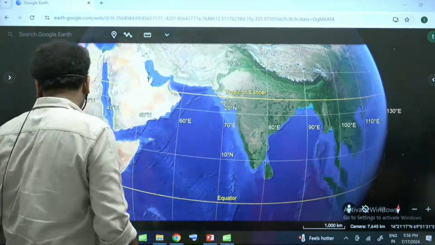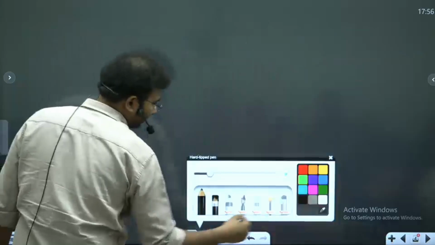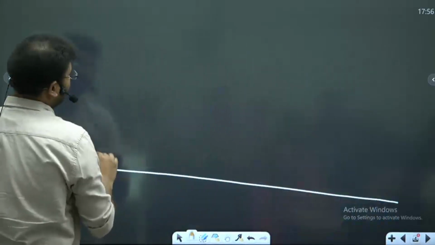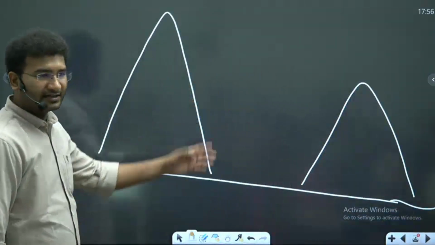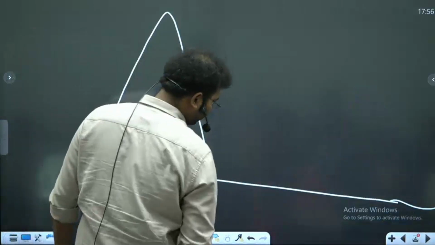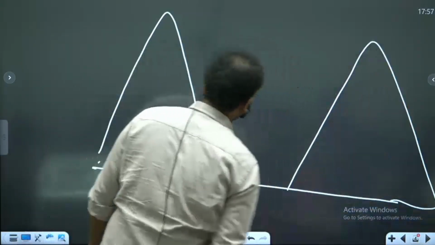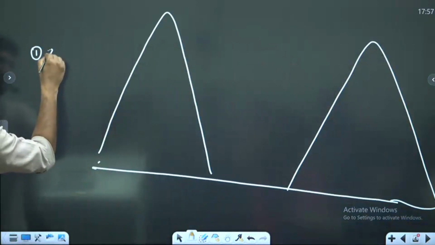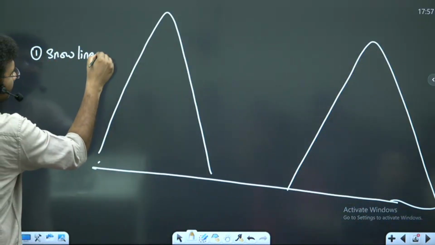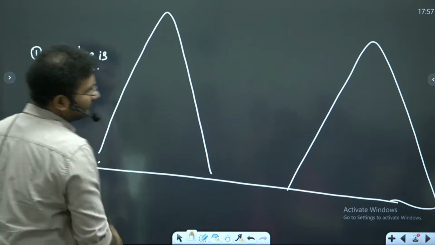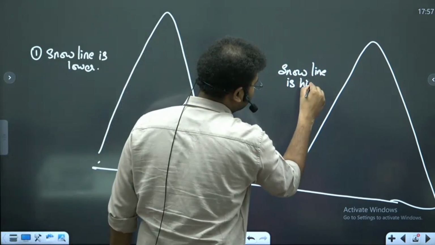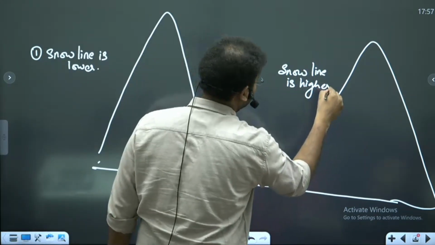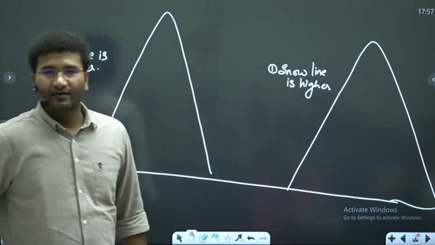So the first point that you need to keep in your mind is, when you look into the Himalayas of the east and the west, if suppose this is the base, this is your Western Himalayas and this is your Eastern Himalayas. Usually the height of the Himalayas in the east is not too tall.